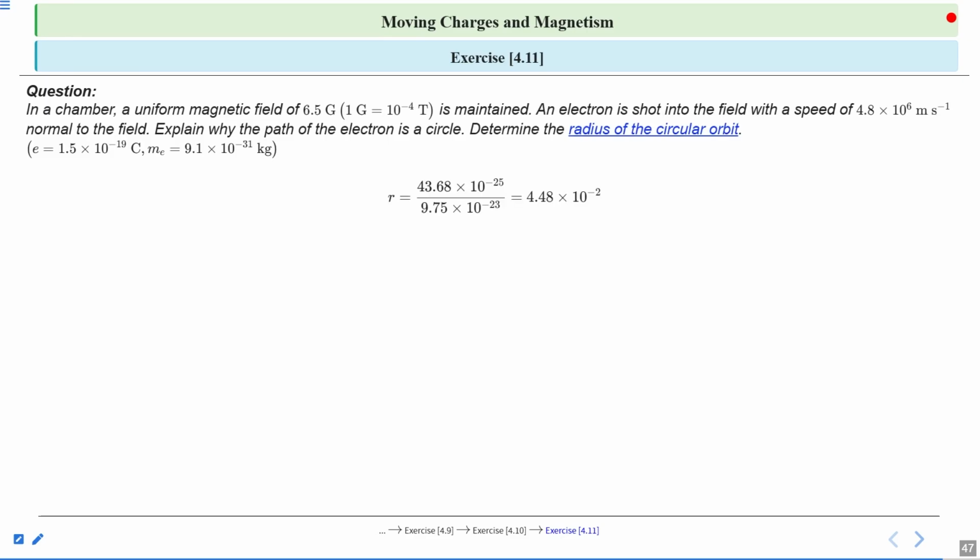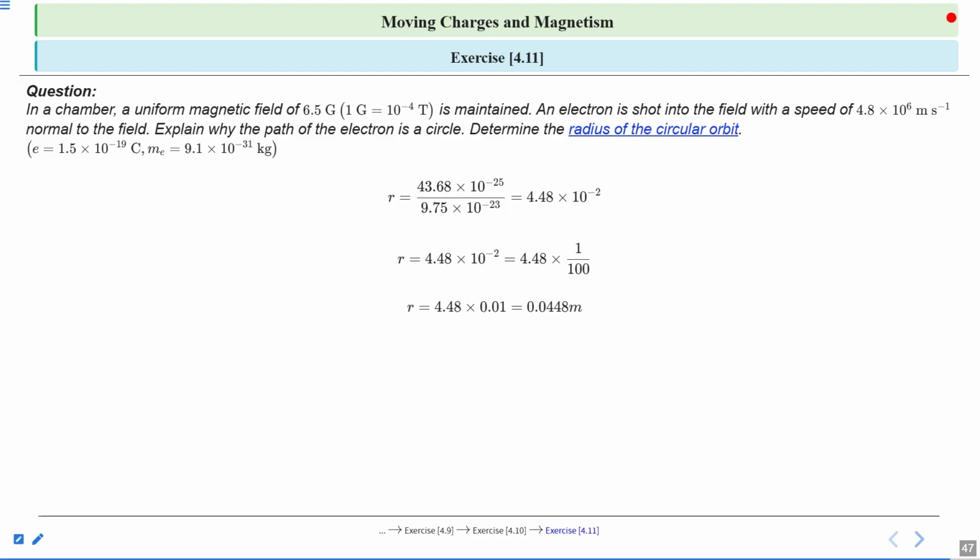So r will be equal to 43.68 into 10 to the minus 25 upon 9.75 into 10 to the minus 23, equal to 4.48 into 10 to the minus 2. So r will be equal to 4.48 into 1 by 100.